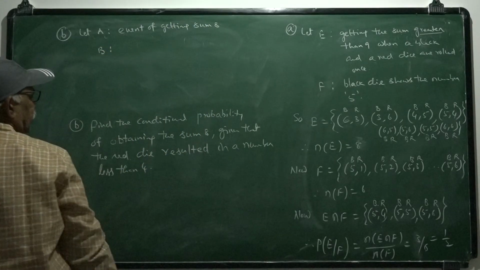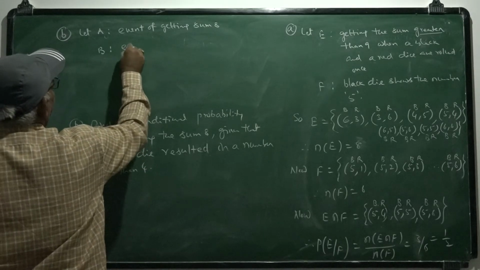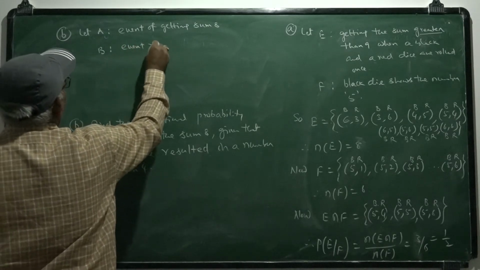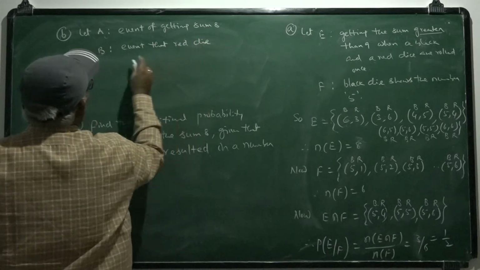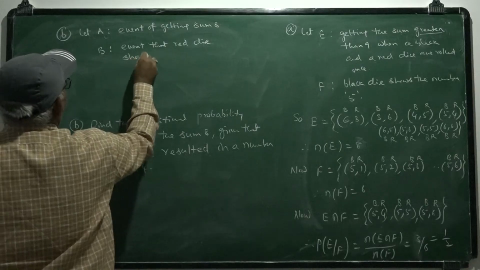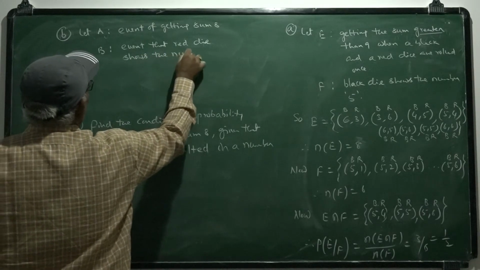And B stands for the event that the red die shows the number 4.